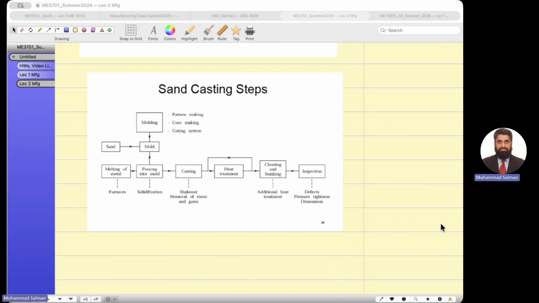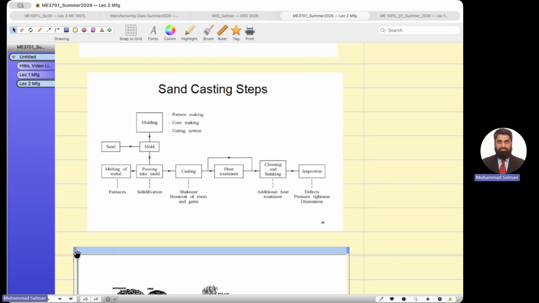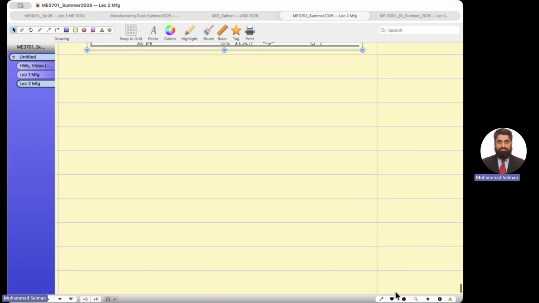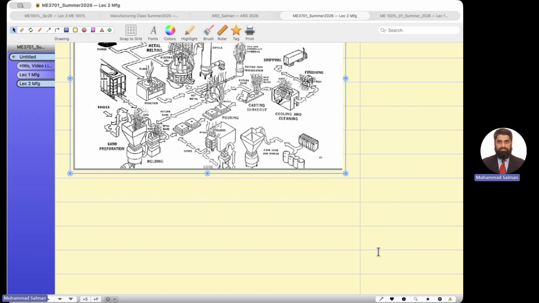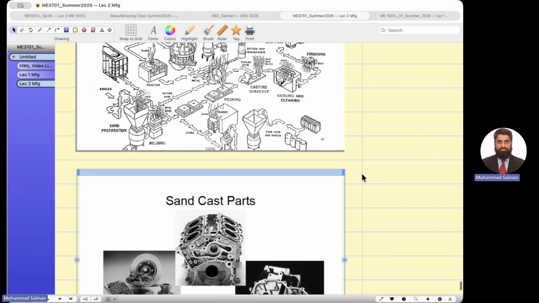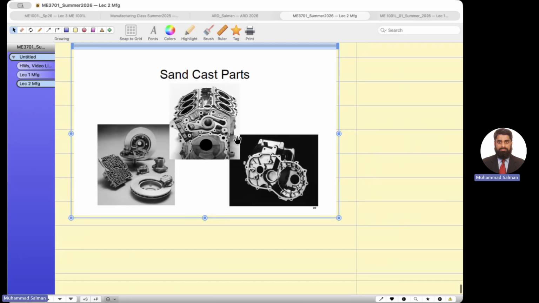It's not required to learn these slides. This is just for your own knowledge, if you want to further understand the casting process later down the road. So you see, these are the manufactured parts in the casting process. You see how difficult shapes are made during the casting process.